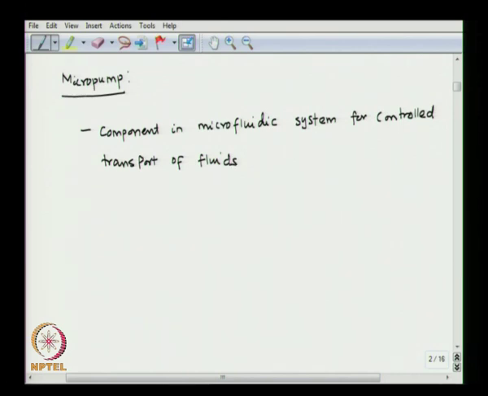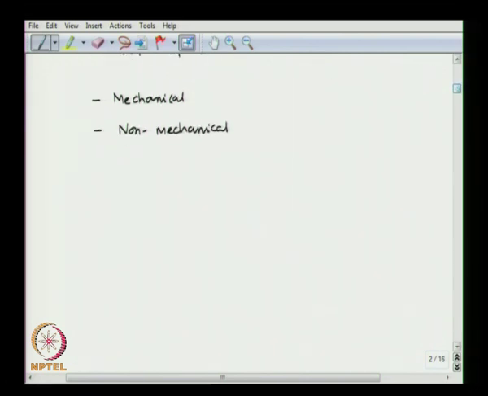So micro pumps can be categorized into mechanical micro pumps and non-mechanical. Okay. And the mechanical micro pumps can be categorized into displacement pump and dynamic pump.